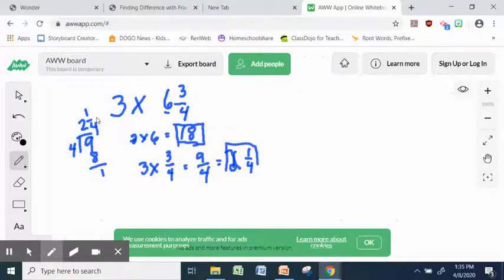So now after I got my product, multiplying 3 times 6 is 18, and multiplying my fraction by 3, now I'm going to add my partial answers. So 18 plus 2 and 1/4 is 20 and 1/4.